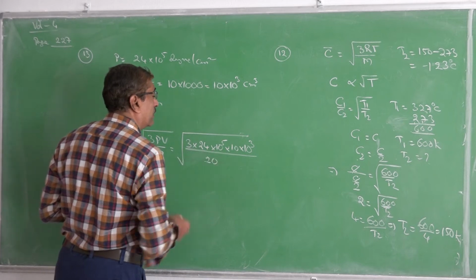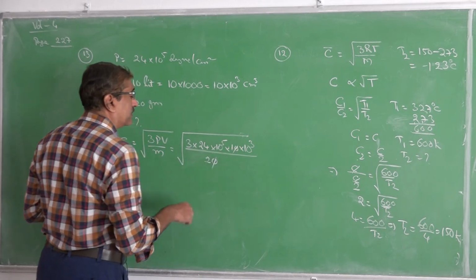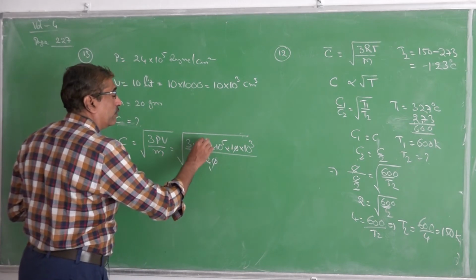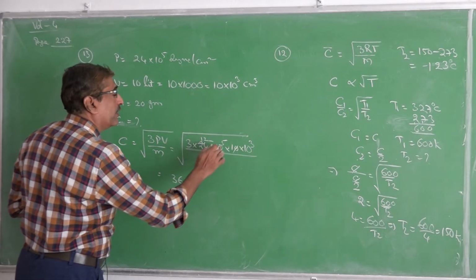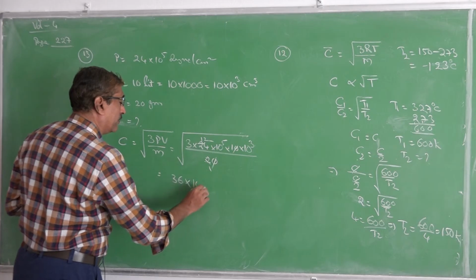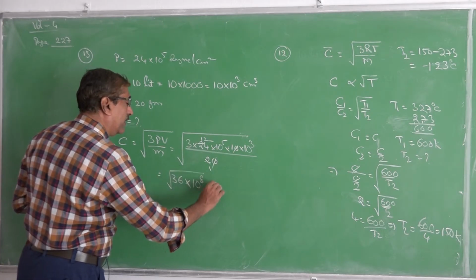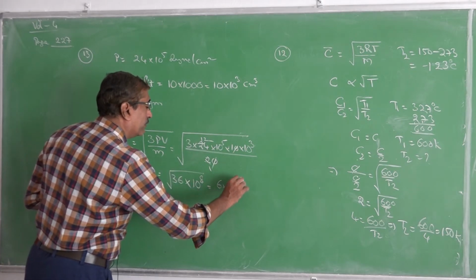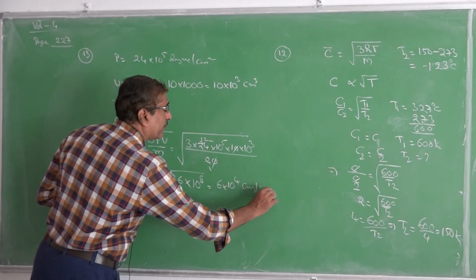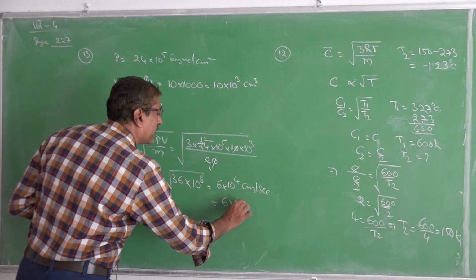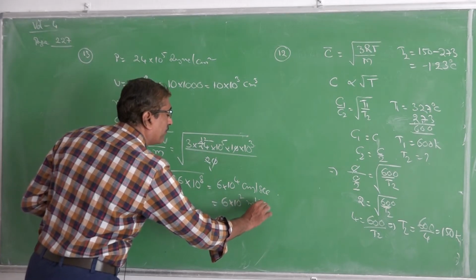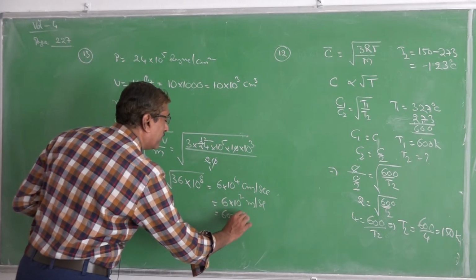That gives 36 into 10 to the power 8 under root, that is 6 into 10 power 4 centimeter per second. Now, to convert into meter per second, that is 6 into 10 square meter per second, that is 600 meter per second.